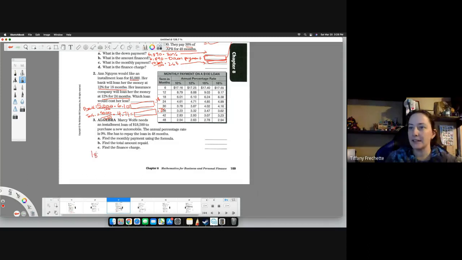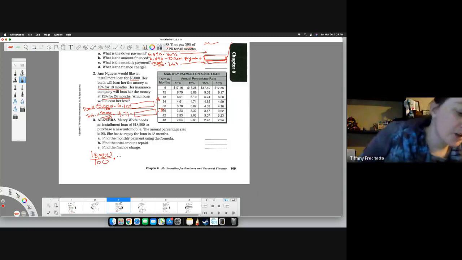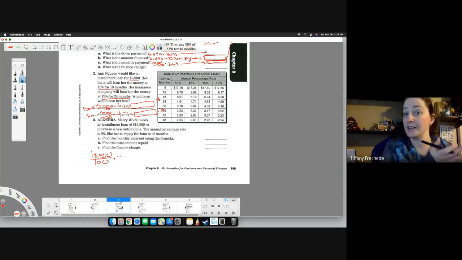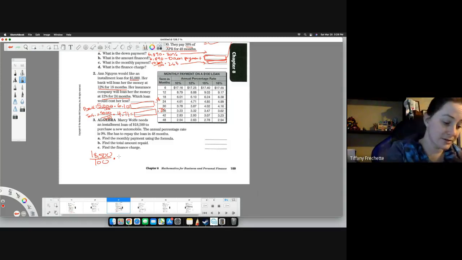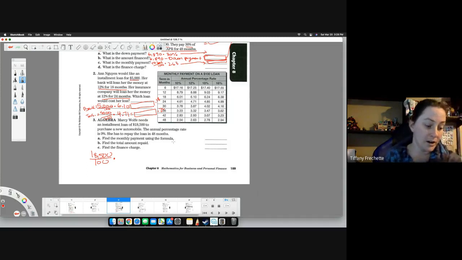But we have 18,500 divided by 100 times, and using this chart on page A13, I can go to the 9% column that actually has one on here, and I can go down to the 48 mark. So that's 2.49. So it is not half of this one like I was originally trying to do for a second there.